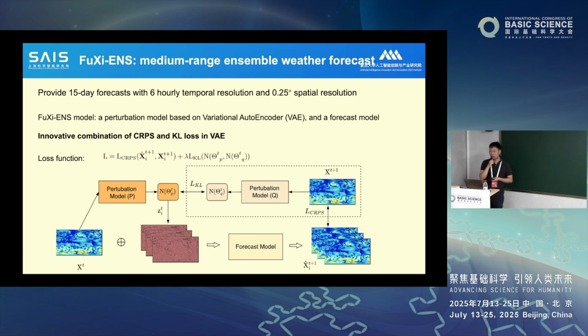Okay. So now, in the previous slides, I mostly talked about the deterministic forecast. However, we know the atmosphere is chaotic, so the forecast is uncertain due to the chaotic nature of the atmosphere, and we need to not only do the forecast, but also give an uncertainty estimate for our forecast.